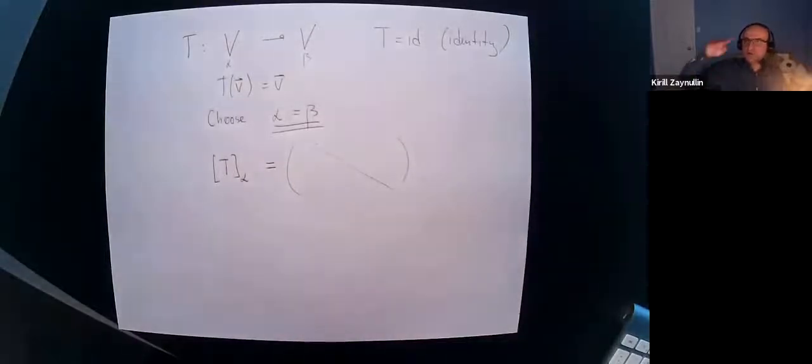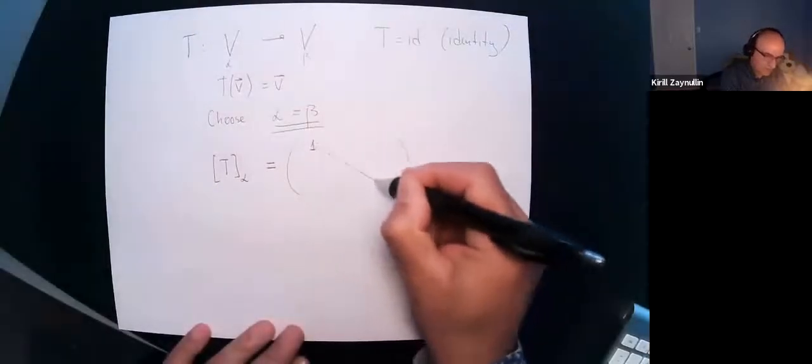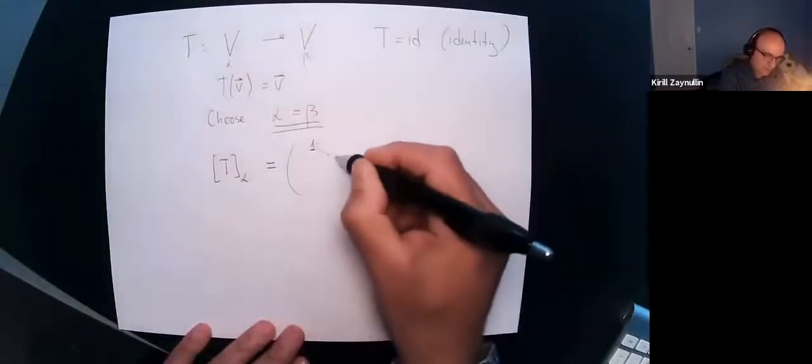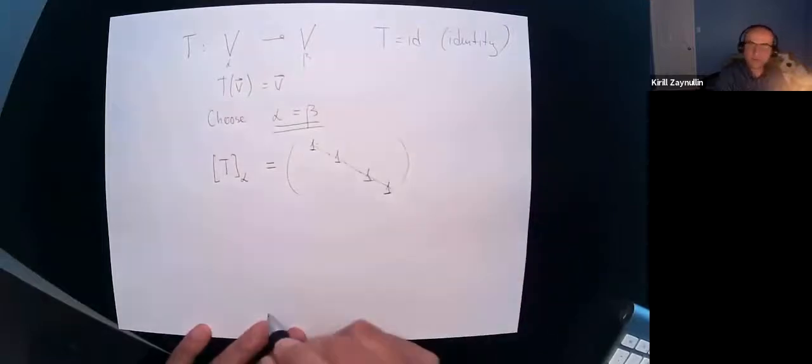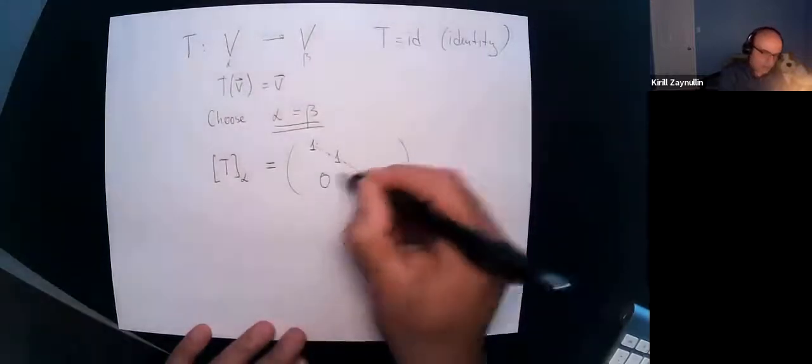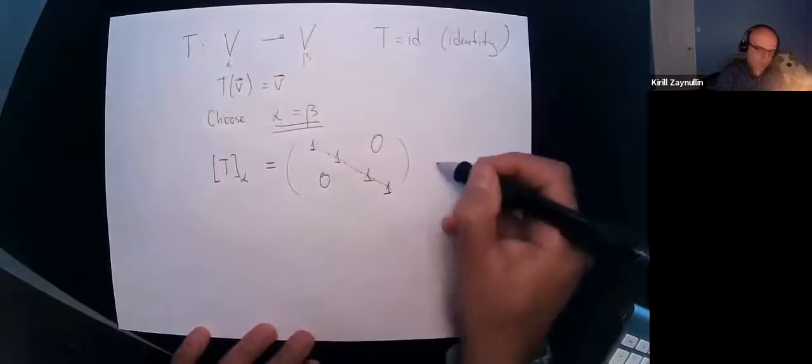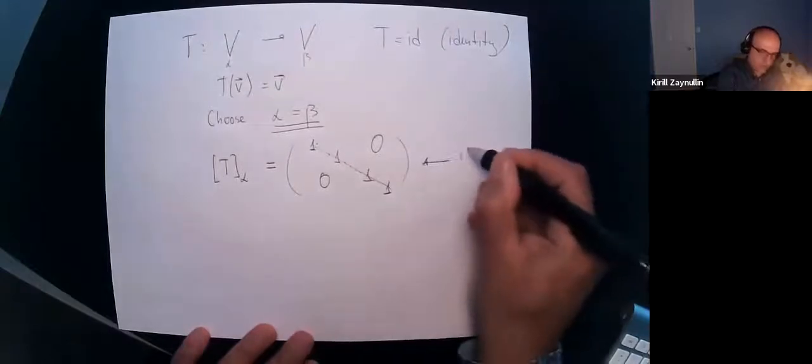So each coefficient will be in the position (i, i). And since the vector goes to the same vector, the coefficient is 1. So the answer is the matrix where you put ones on the main diagonal and zeros everywhere else. This is the so-called identity matrix.